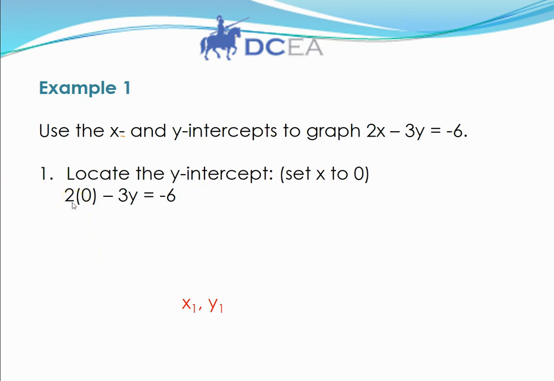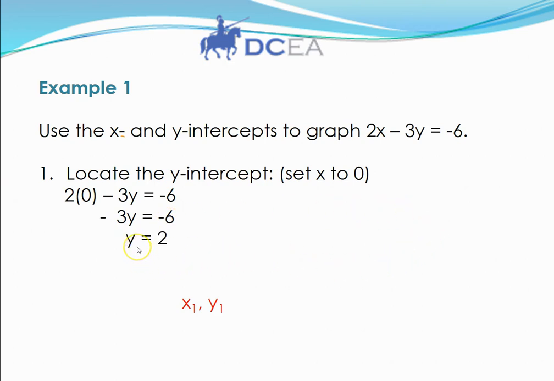So instead of having 2x minus 3y, we'll have 2 times 0 minus 3y equals negative 6. Using algebra, 2 times 0 is 0, so we end up with negative 3y equals negative 6.